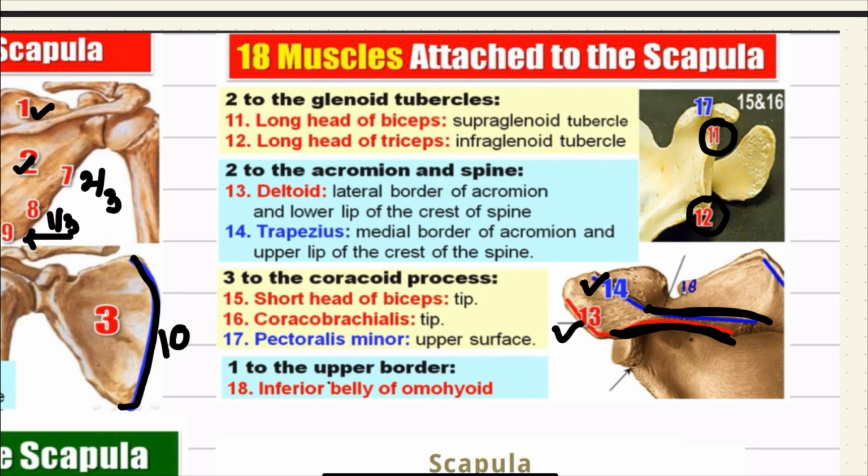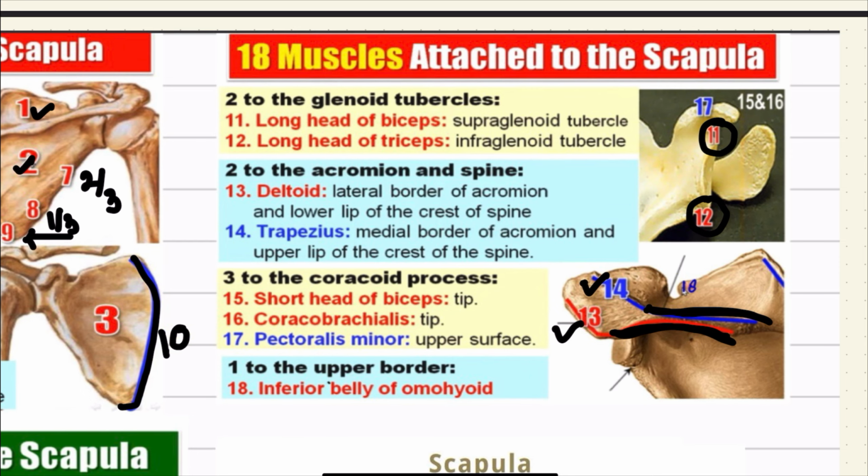That is short head of biceps and coracobrachialis. 17th muscle, on the upper surface of the coracoid process, is pectoralis minor. And the last muscle that is located on the upper border is inferior belly of omohyoid.